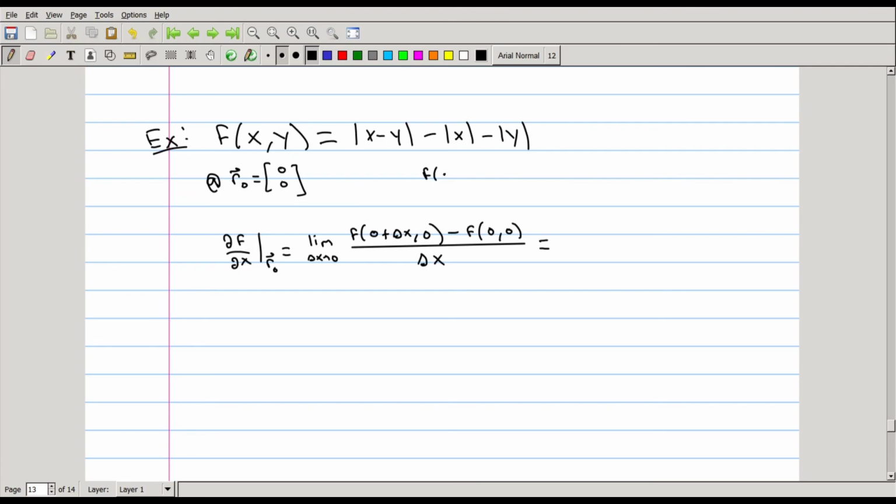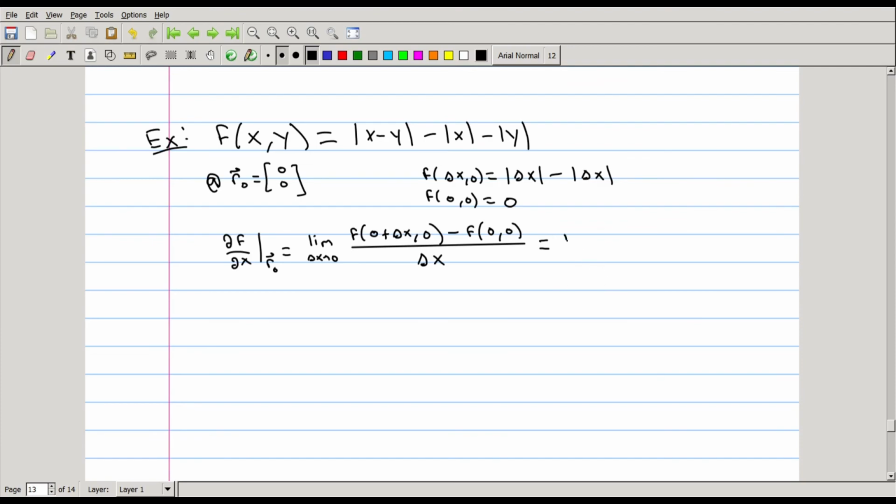So f of delta x comma 0, where we plug delta x in for x and 0 in for y, is the absolute value of delta x minus the absolute value of delta x. And f of 0 comma 0 is just equal to 0.